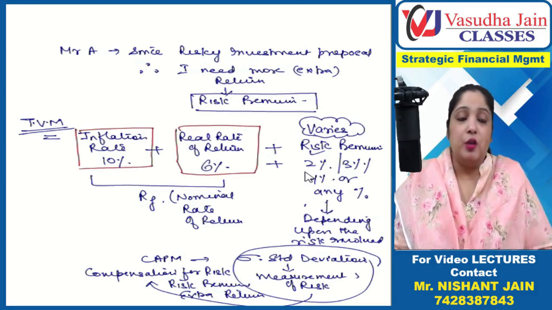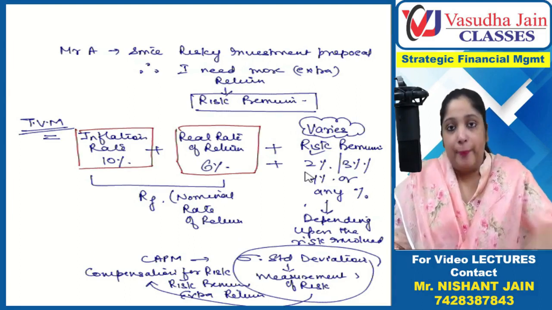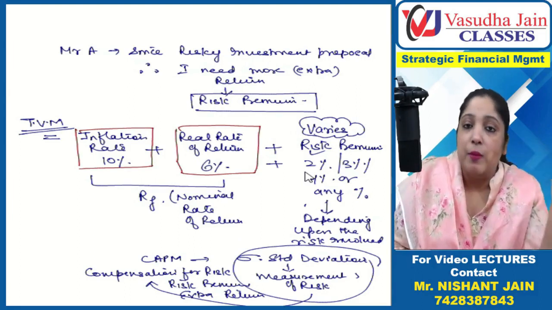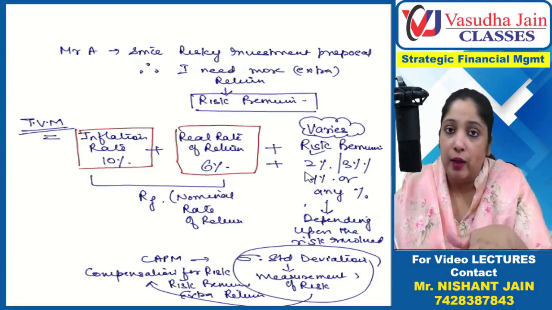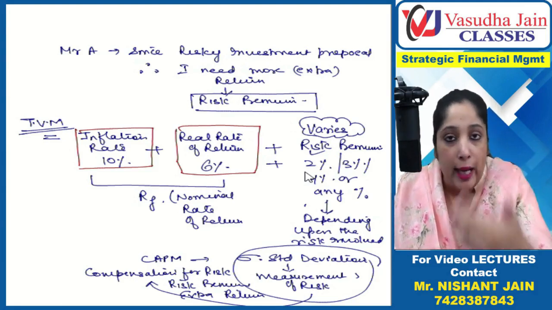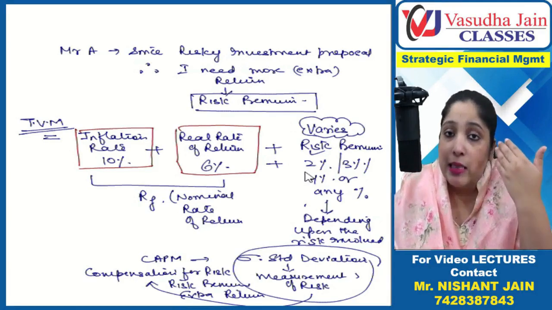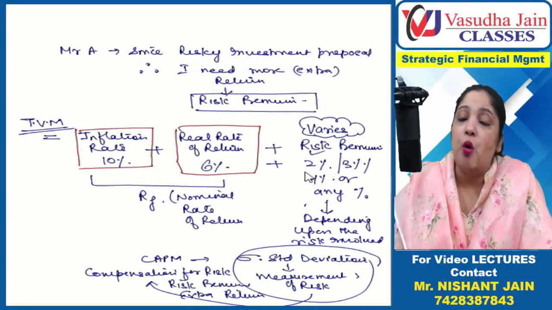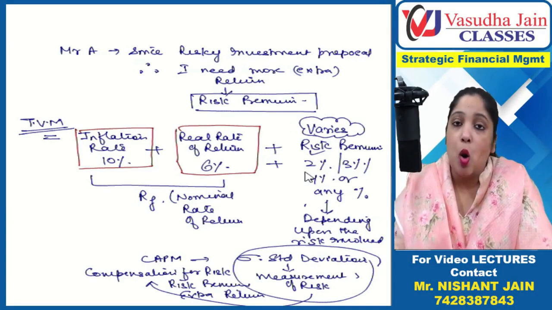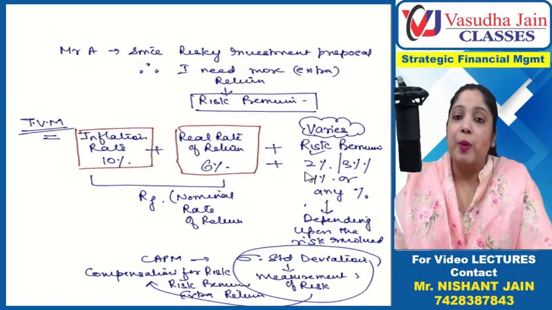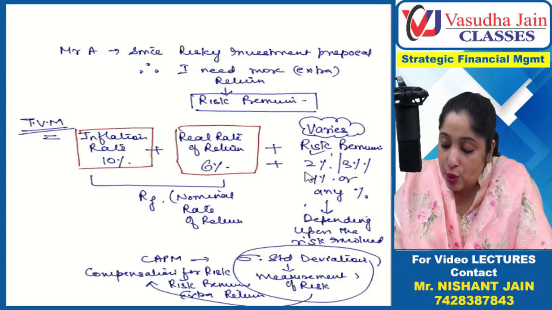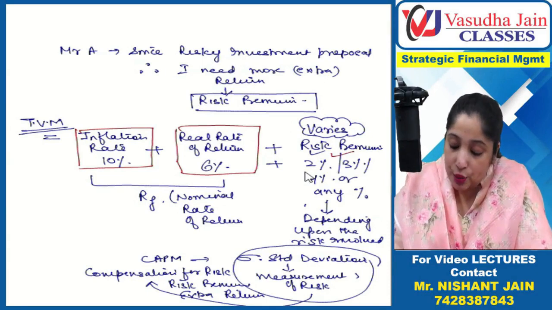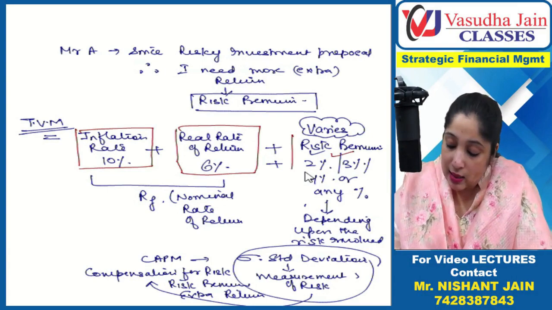Whether you invest your money in project A, project B, project C, with Mr. B, C, D, E, F, anywhere, inflation and real rate of return, that is the risk-free rate of return, you should get, plus whatever the risk involved in the proposal or with the person concerned. Accordingly, compensation should be given. Otherwise, why would I invest my money in a risky proposal? So, I should be getting risk premium. So, these three factors keep on varying.